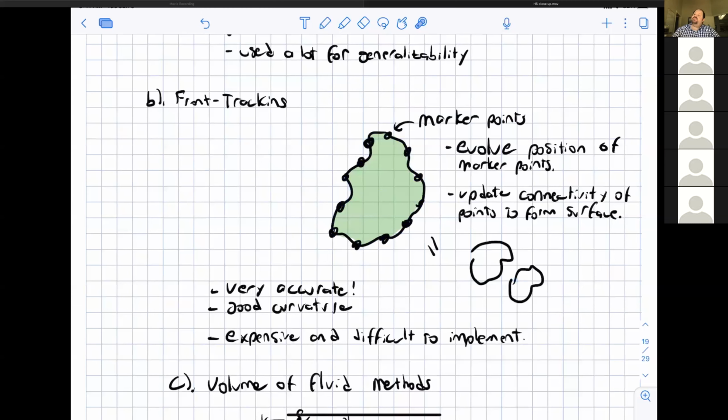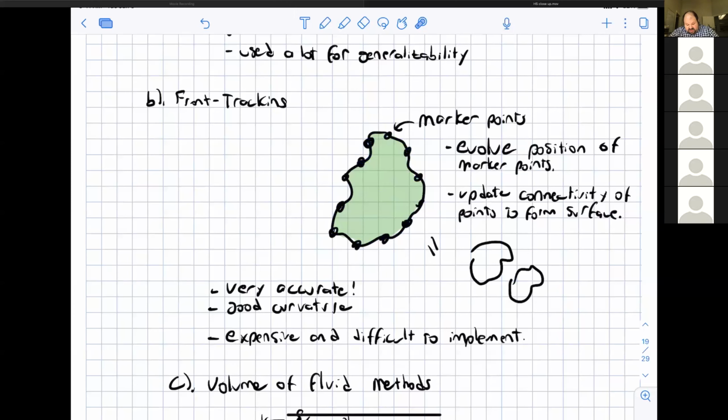There are only a few people that I know that have codes that do this. And they're almost never compressible, although I think Gitrar has one, but they're very, very complicated to implement because of the logic that is needed to track the interfaces and connect the points. And for those of you who've done meshing before, in 3D, this is a surface triangulation that they have to do to get all the surface stuff correct.